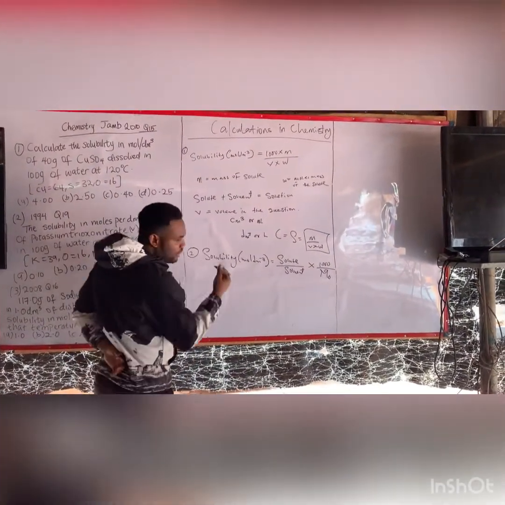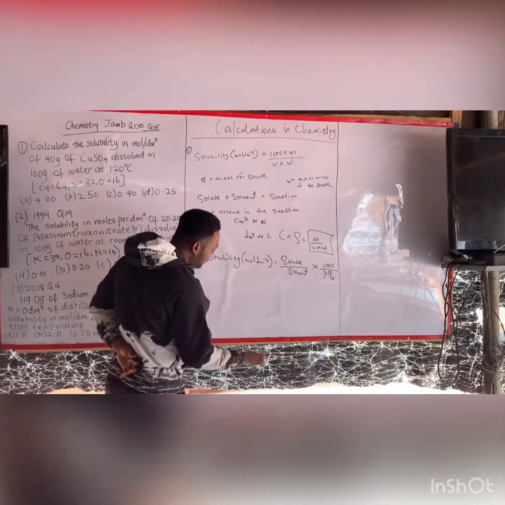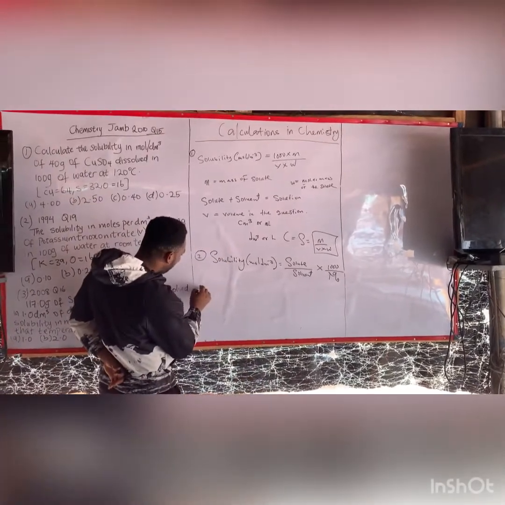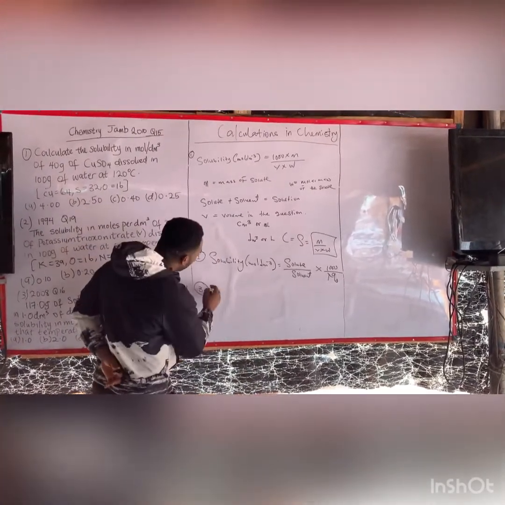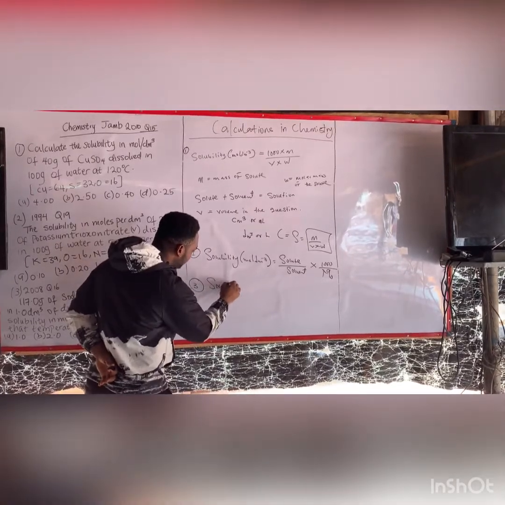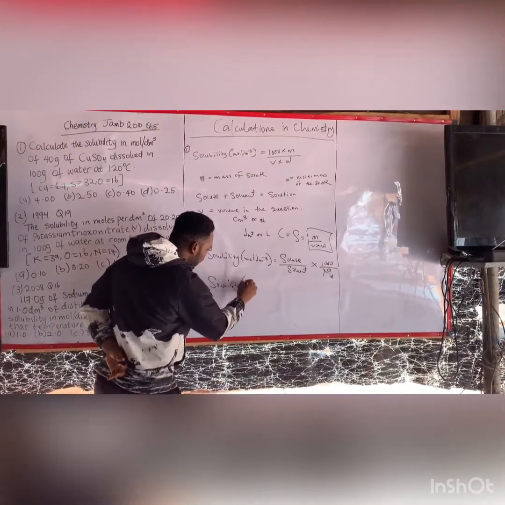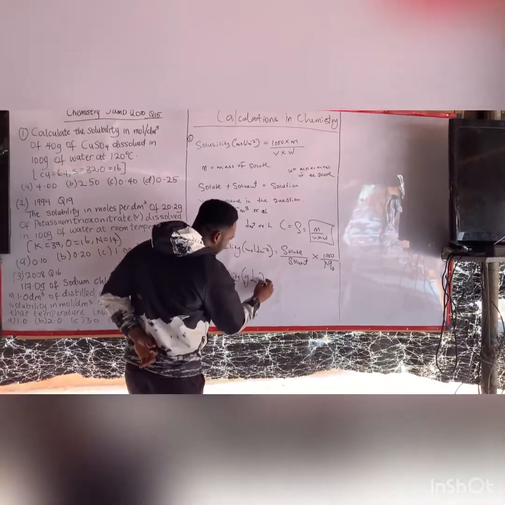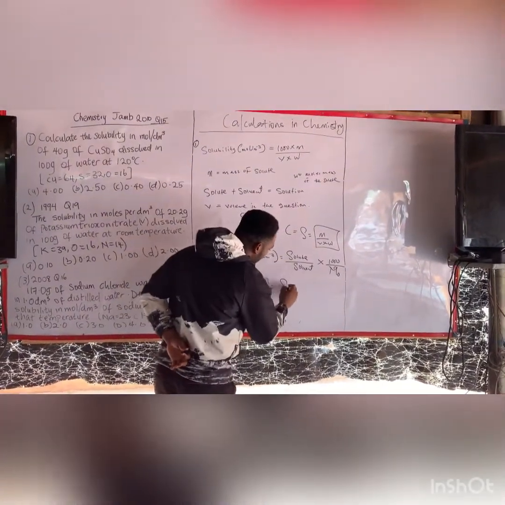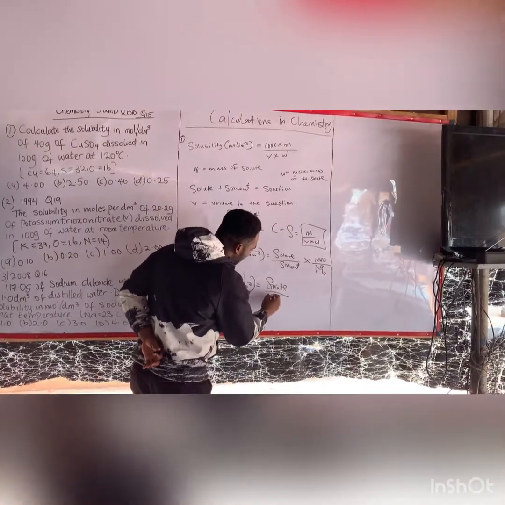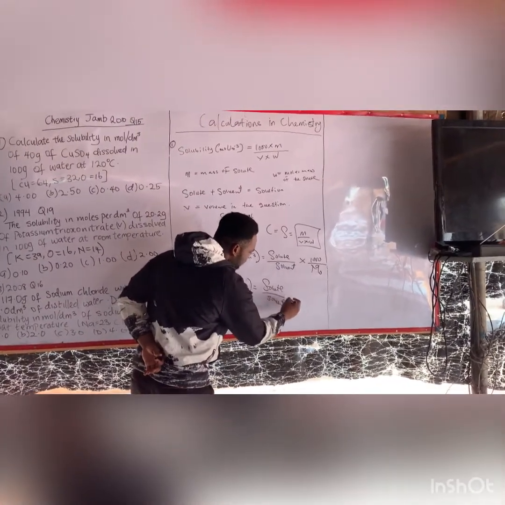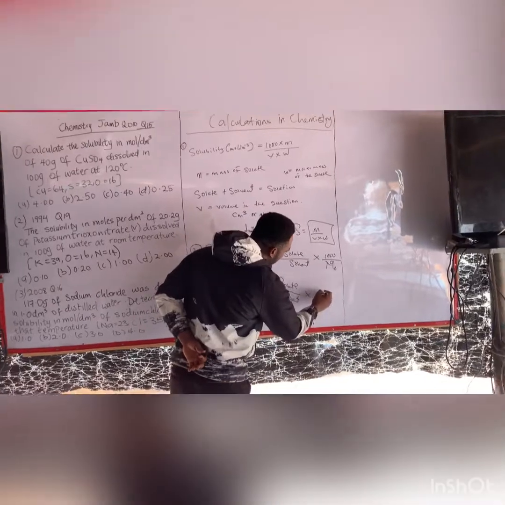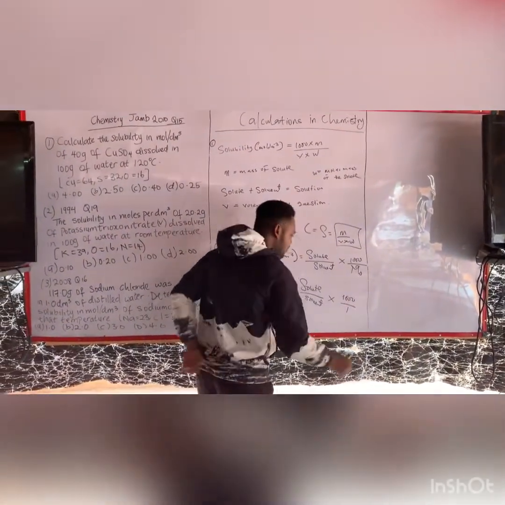Now, what about the second unit of solubility? What will be the formula? So formula 3 is for this other unit. Solubility in gram per dm cube is equal to solute all over solvent multiplied by 1000 over 1.